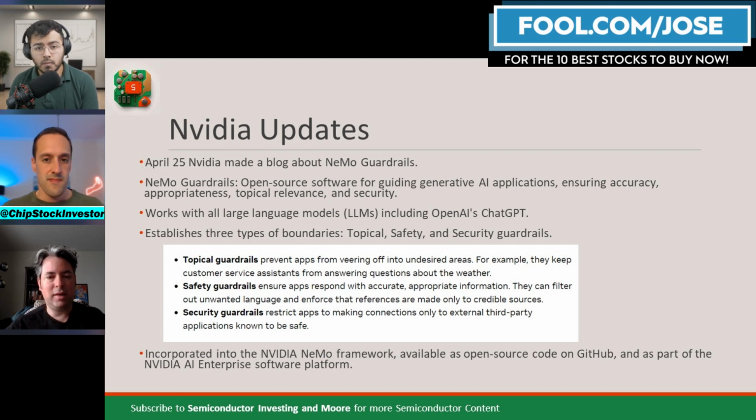I guess the software might allow whoever's using the AI to plug in sort of no-go topics. But I assume if anyone knows how to do this, it's probably Nvidia, given their expertise and their R and D here.